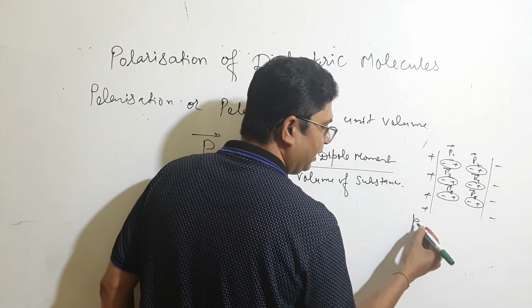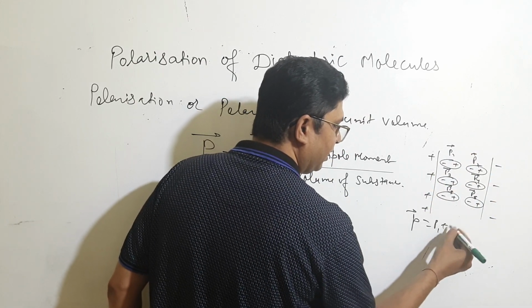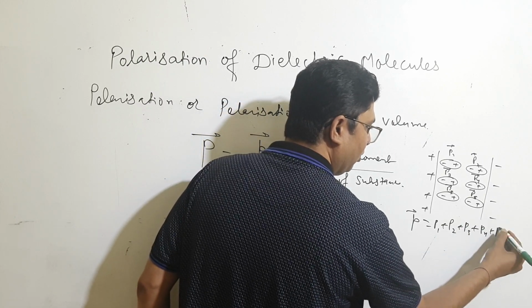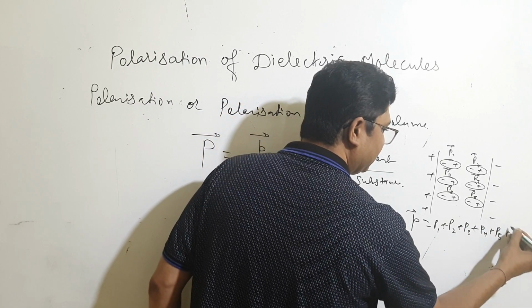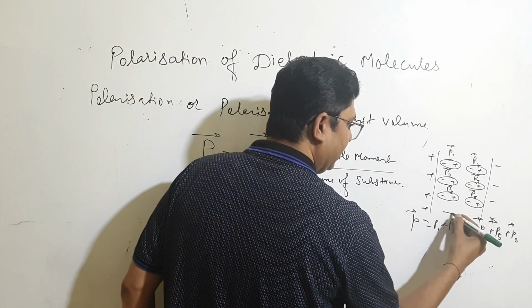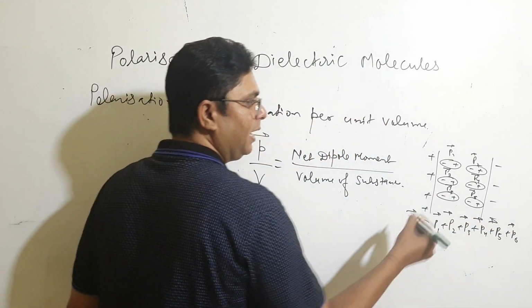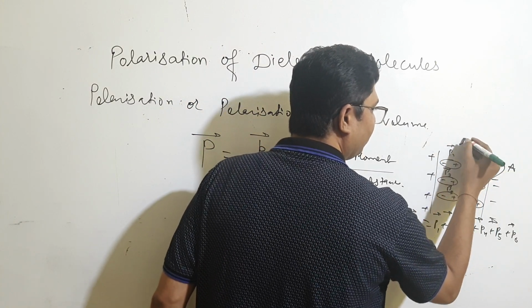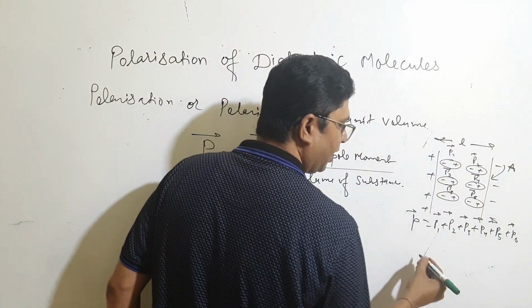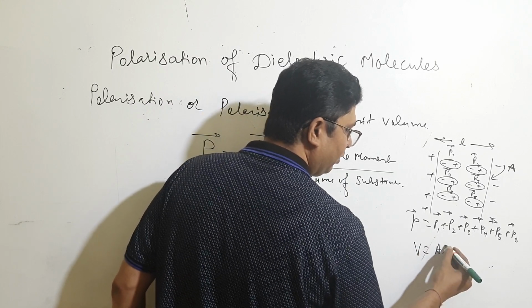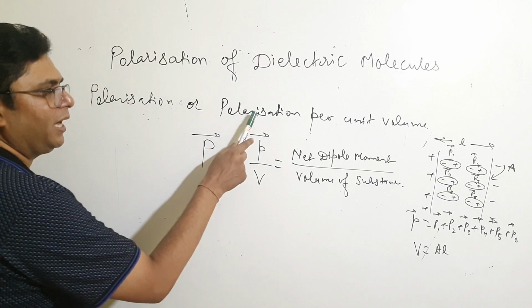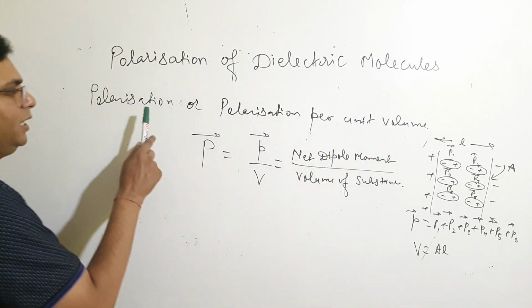So p equals p1 plus p2 plus p3 plus p4 plus p5 plus p6. This is said to be the net dipole moment. The area of the plate is A, and the length is L, so you have volume V equals A into L. So P divided by V is said to be polarization per unit volume, or in a single word, polarization.